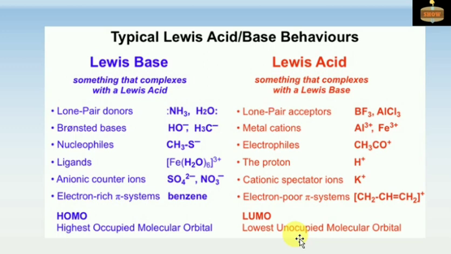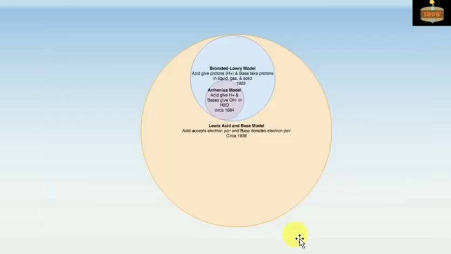So let's see how the three models are related to each other and how they evolved. First, in 1884, we have the Arrhenius model, which we have just seen, where an acid gives H+ and a base gives OH- in aqueous solution, or H2O.